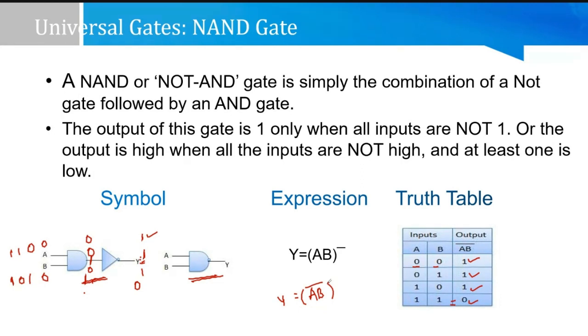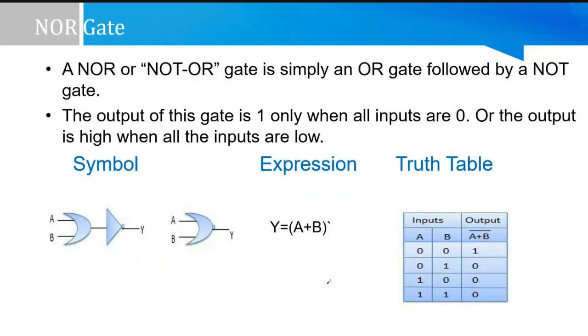No. Okay. Next, we'll move to the NOR gate. The NOR gate is also a universal gate. It needs two inputs and provides only one output. Here it does the inverted operation of the OR gate.